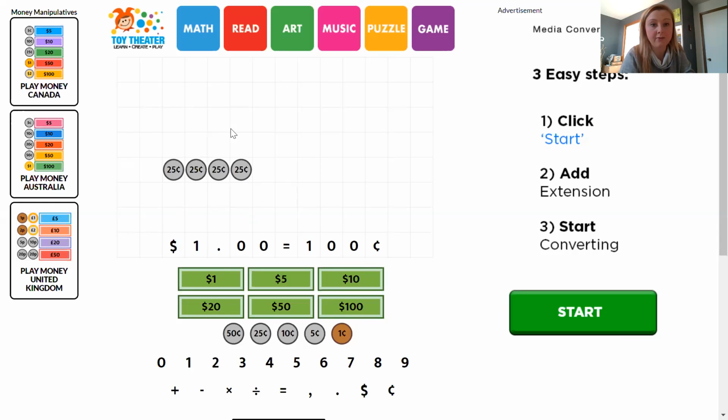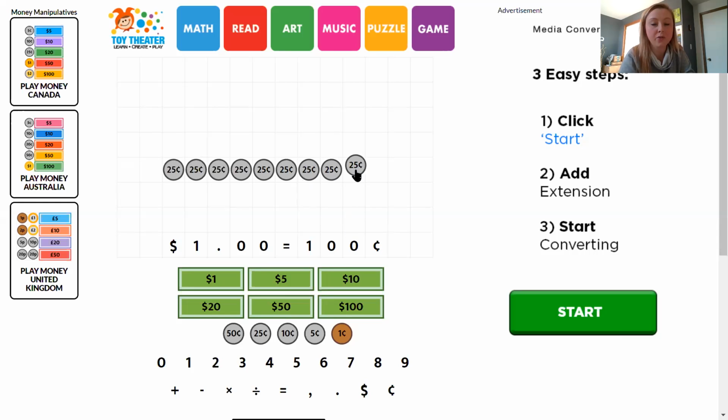So we have 25, 50, 75, 100 or $1, and I'm going to add another 25 cents to that, so count with me. So we have $1, and let's count it as 100. Now we have 125, 150, 175, 200. If you were noticing a pattern at home, we're at 200 cents right now.